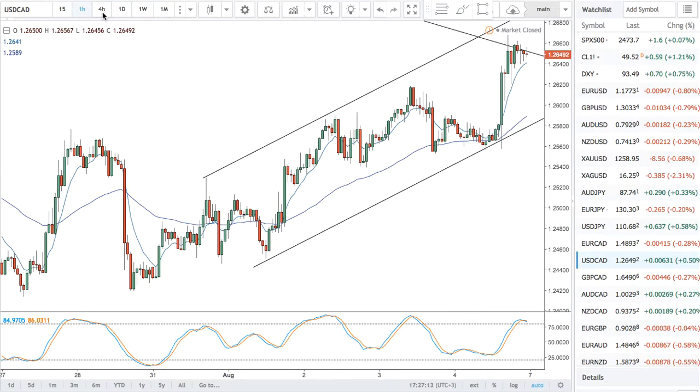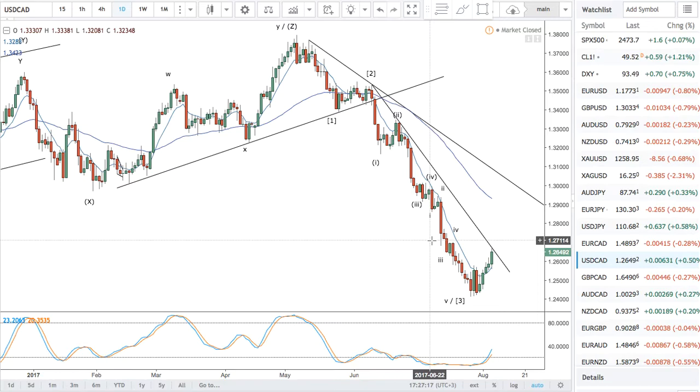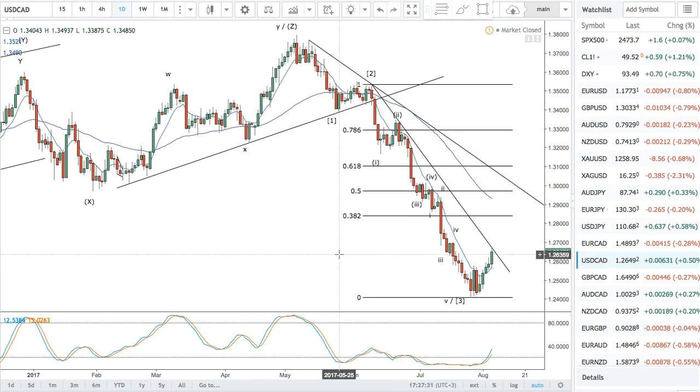Now I'm going to look at this overall as only a correction for wave 4 for the bearish view. Now if we're viewing this as wave 3 done, we could see higher into here for a 38 retracement for wave 4.